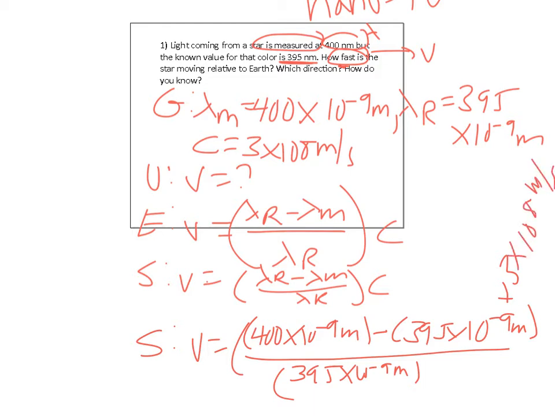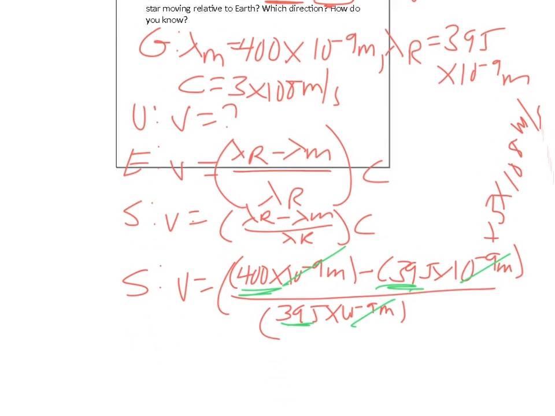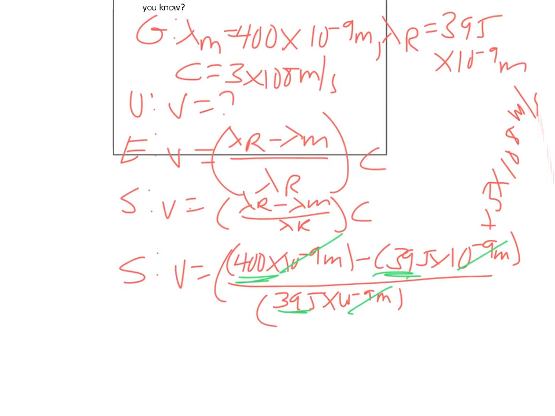My goodness, such big numbers, right? And so when I'm calculating, I notice that the 10 to the negative ninths all cancel, and so I'm just left with 400 minus 395, so that's going to be 5 divided by 395, right? So the math really isn't that bad once you figure out what you're doing. So my V is going to be, again, the 5 on the top over 395 on the bottom, times.